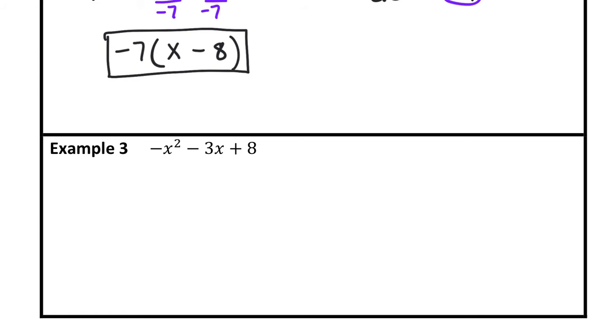Okay, example 3, is there a GCF? Do they all have an x? No, the first two terms have x's, but the 8 doesn't have an x. Do they have a common multiple, or can I divide 8?